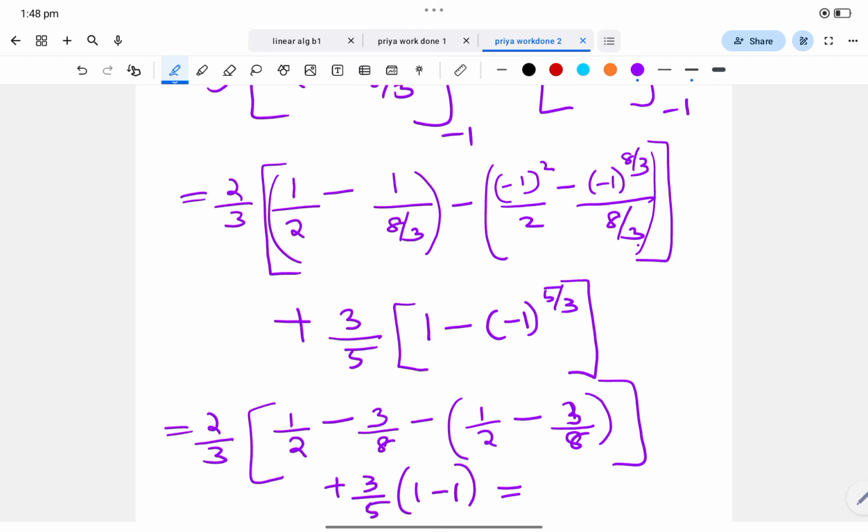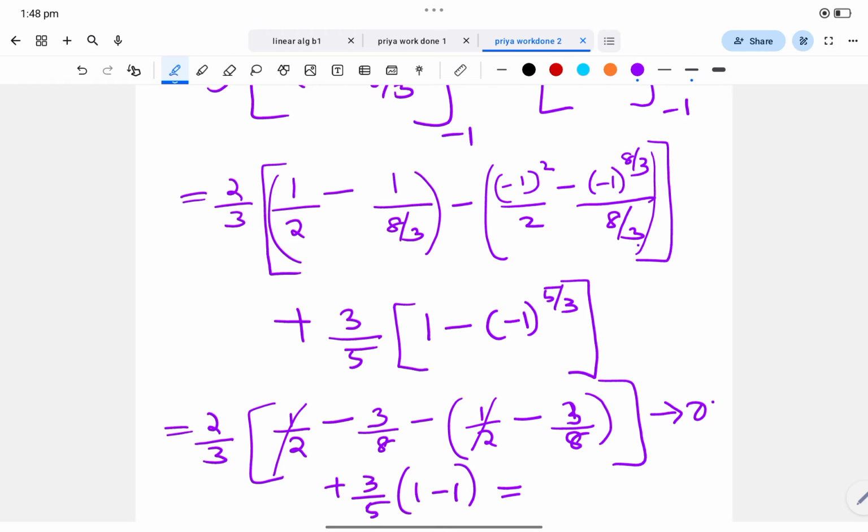So altogether, this 1/2 and this 1/2 get cancelled, and this minus 3/8 and minus 3/8 also get cancelled. Here there is a small mistake. This first term will be equal to 0, but the second term is 3/5 into (1 − (−1)^(5/3)).